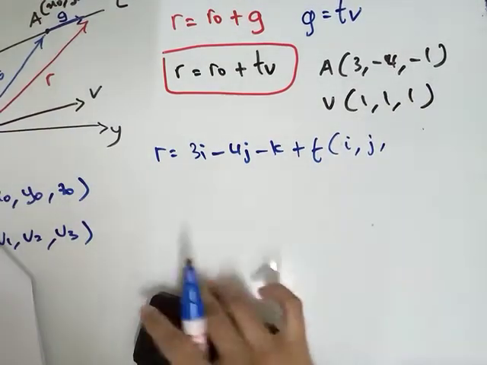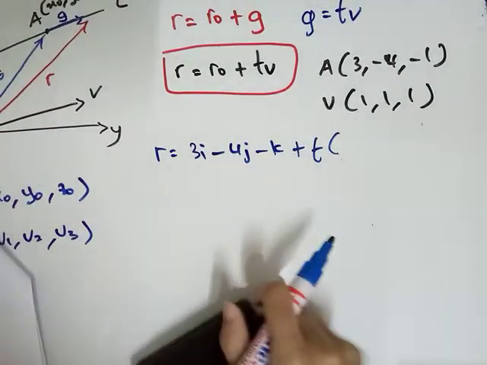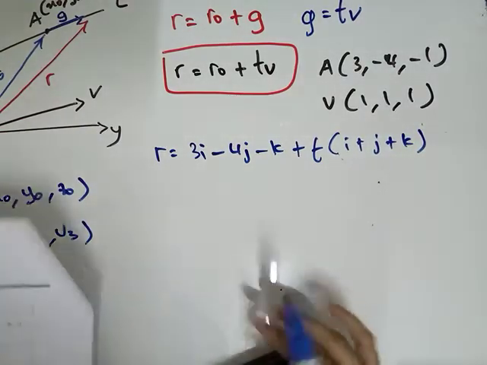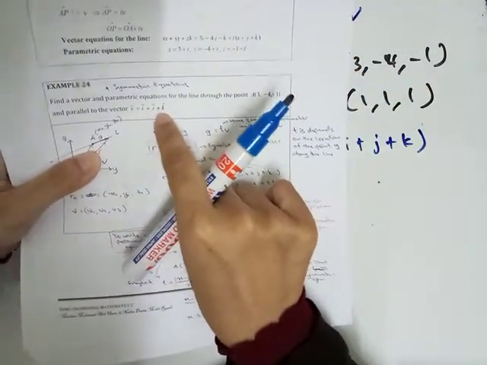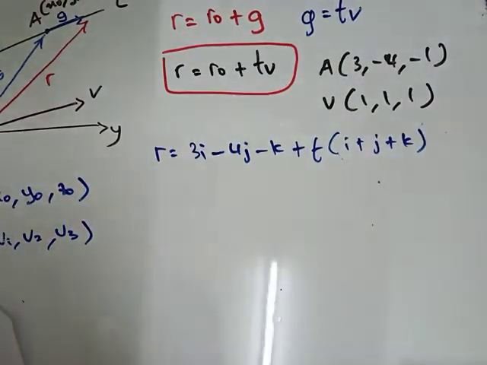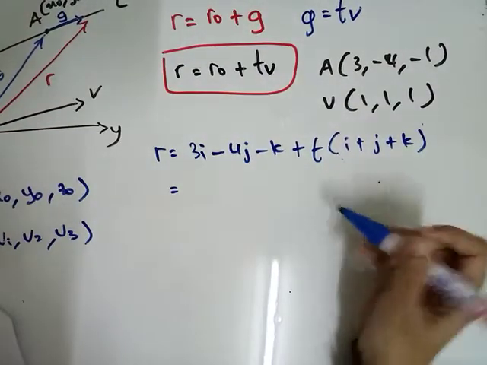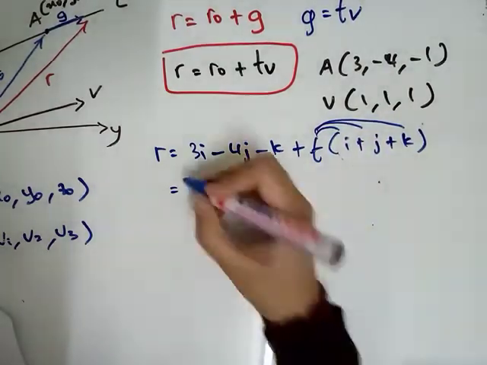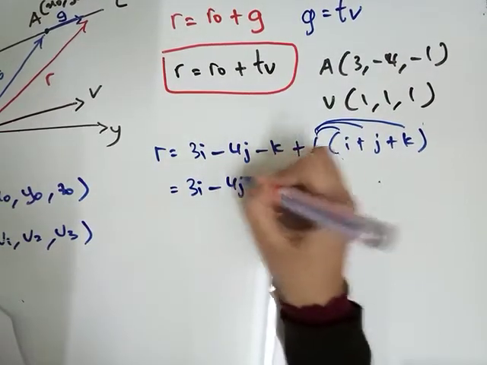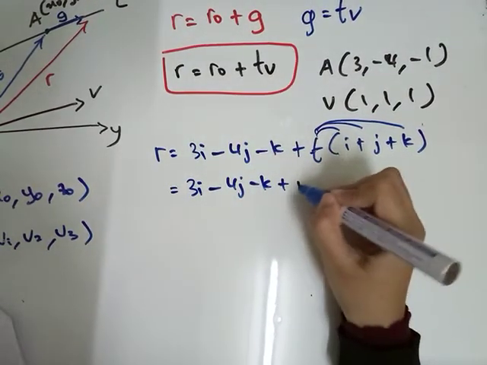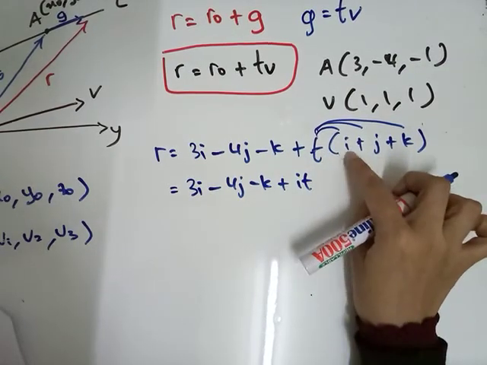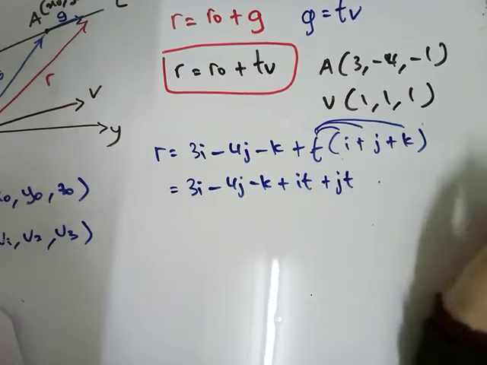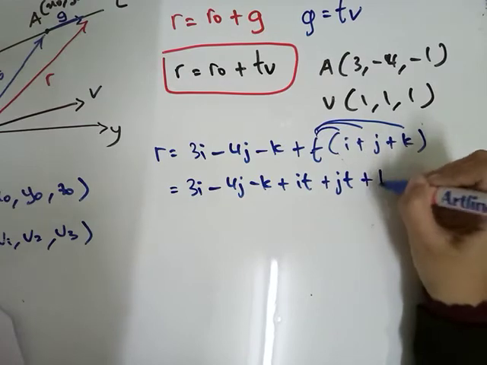The vector given is I plus J plus K. And then we expand T. 3I minus 4J minus K plus IT. T times I, you get IT. T times J, we get JT. T times K, we get KT.